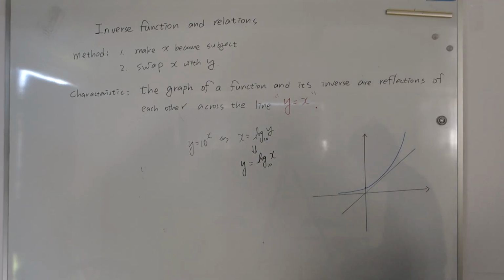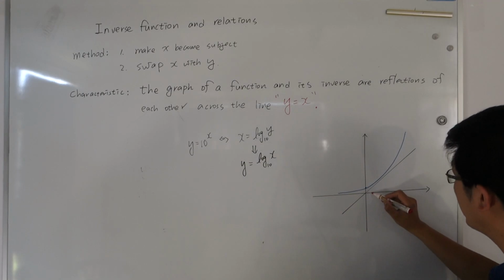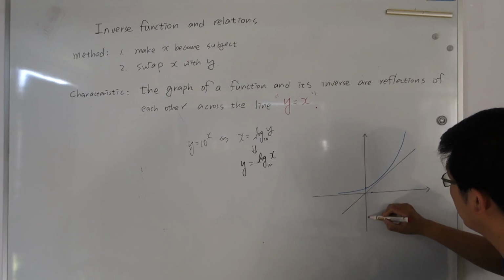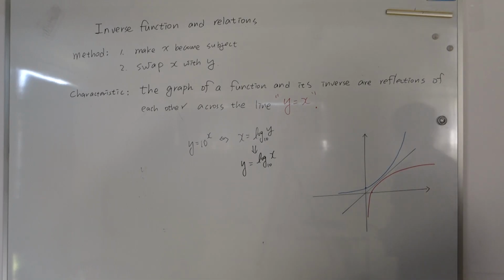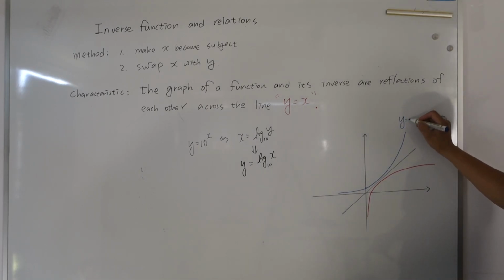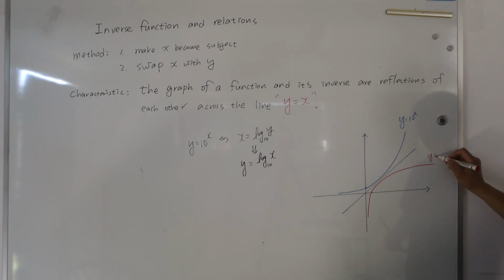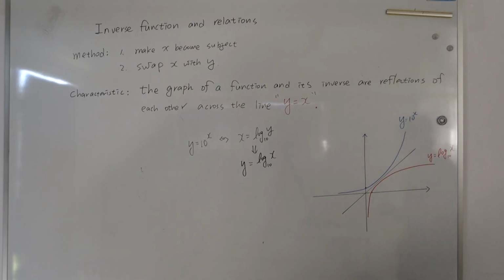And the log must pass through (1, 0). That's y equal to 10 power x, and then this is y equal to log base 10 of x. Alright. They are inverse functions. Right?